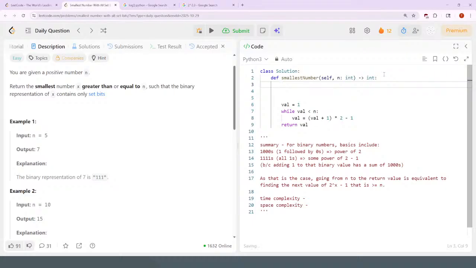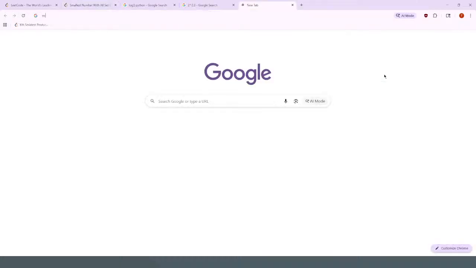Okay. So I think I could probably just do one expression, right? Log 2 of n plus 1, round up. So I think that should be ceiling. So math.ceiling.